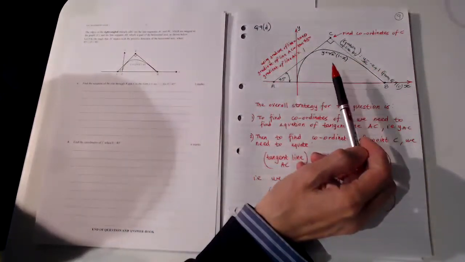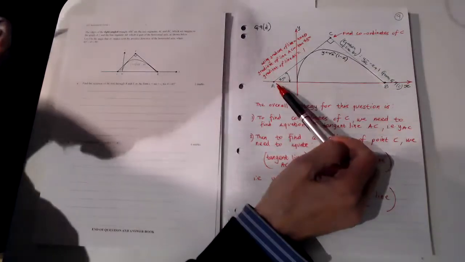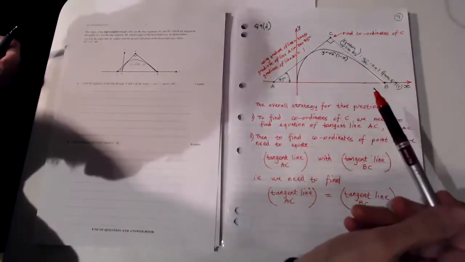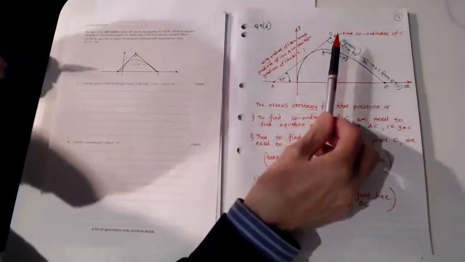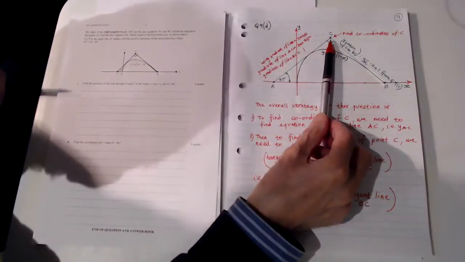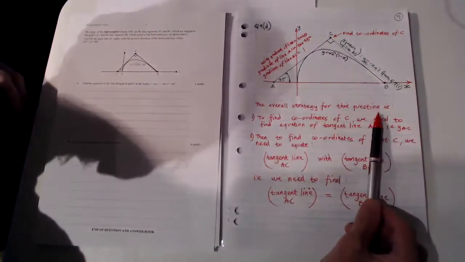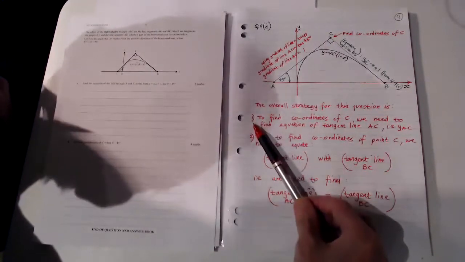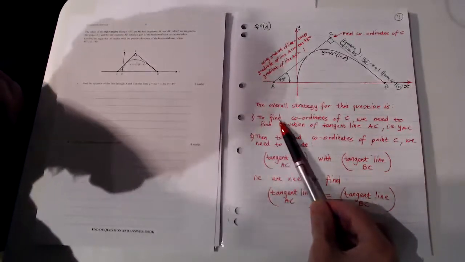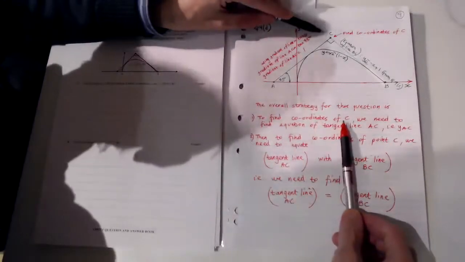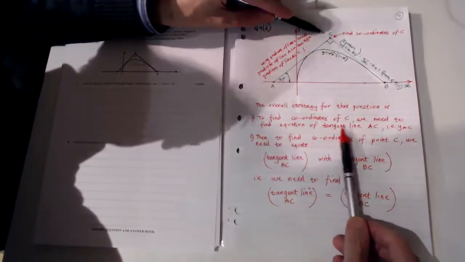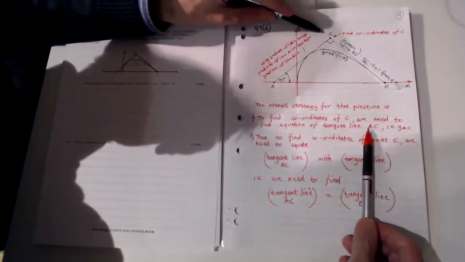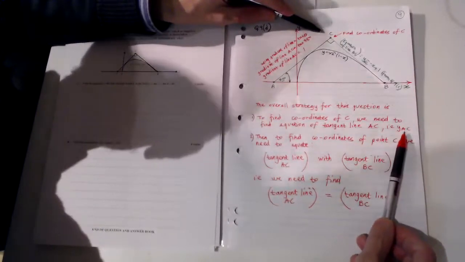So we now know the gradient of the green tangent line AC. But from that information, how do you find the coordinates of point C? Well, the overall strategy for this question is the following. Step one, to find the coordinates of point C, we need to find the equation of the green tangent line AC, that is y AC.